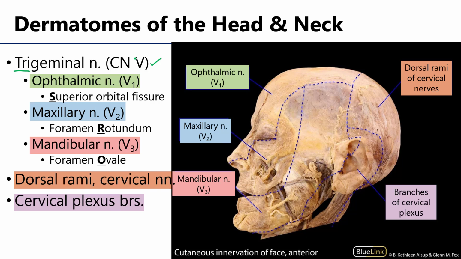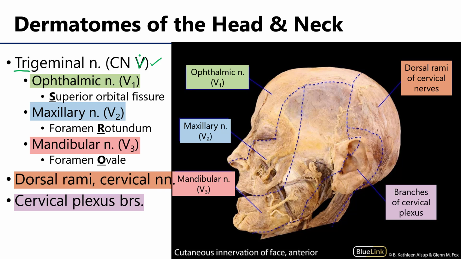V because of the Roman numeral 5 there, so delightfully awkward. So V1 is the ophthalmic division. V1 predominantly is going to serve the orbit and the contents of the orbit, but there are sensory components to it.